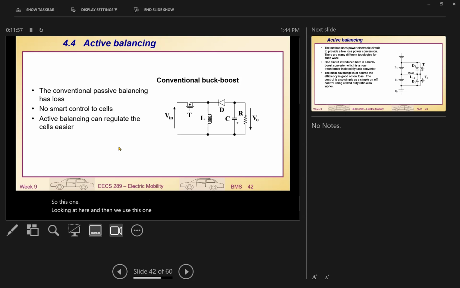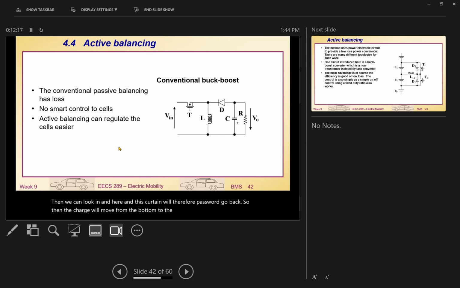Vice versa, if we want to balance the cell from here back to here, we do the same. Then we can loop in here, and this current will pass through and go back. So the charge will move from bottom to the top.